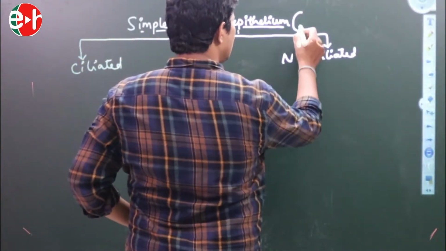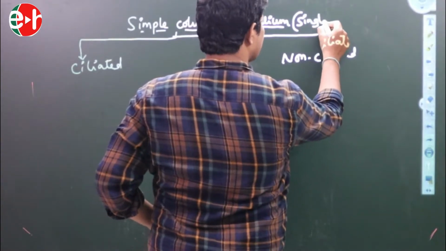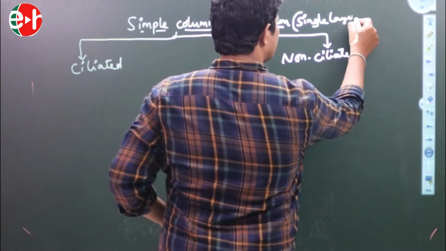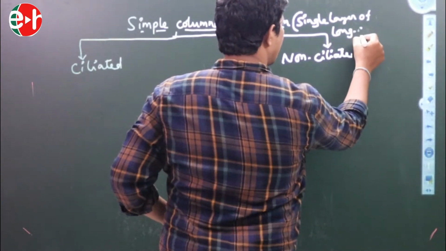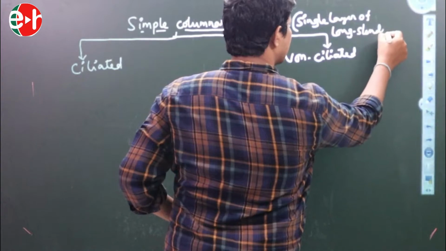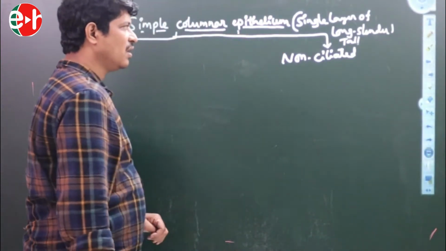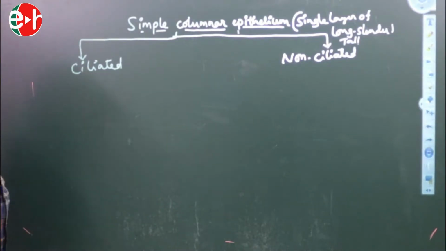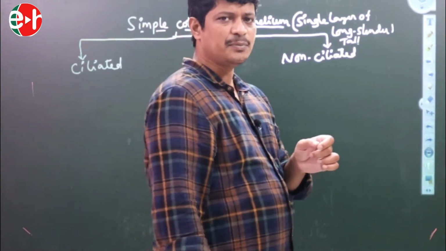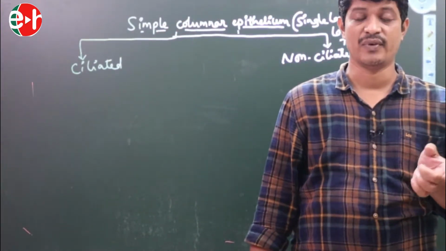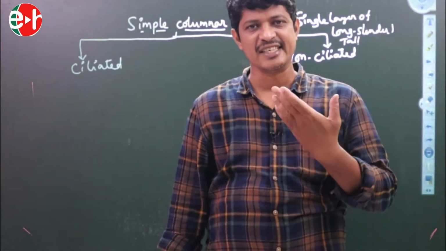Simple columnar epithelium is a single layer of long, slender cells. The cells are tall or long. In simple squamous epithelium, the nucleus is present at the center, and in simple cuboidal epithelium the nucleus is also at the center.